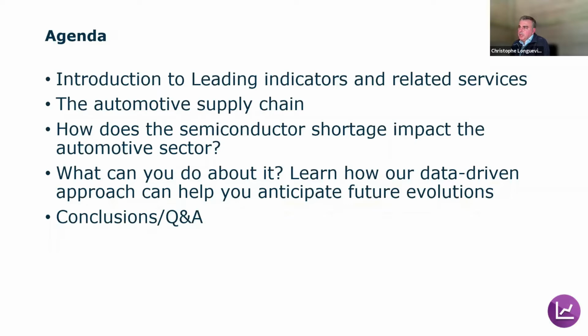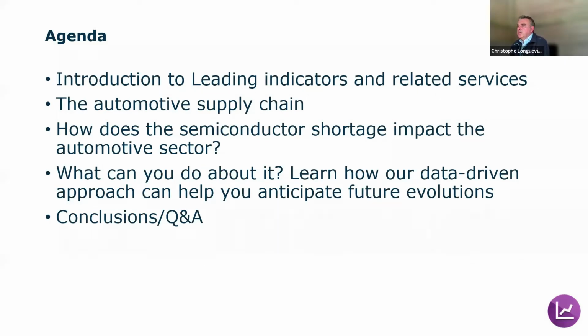The agenda of today is, first of all, we will give you some introduction to that, not too long, so that you have a good understanding of what these leading indicators mean and how we use them in our analysis.